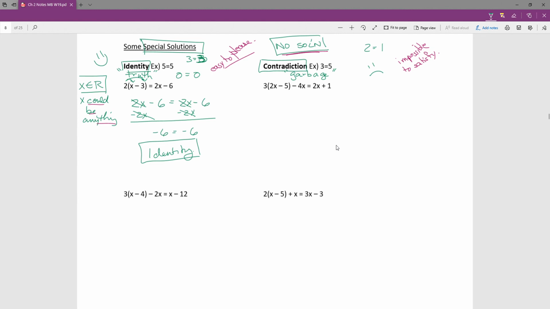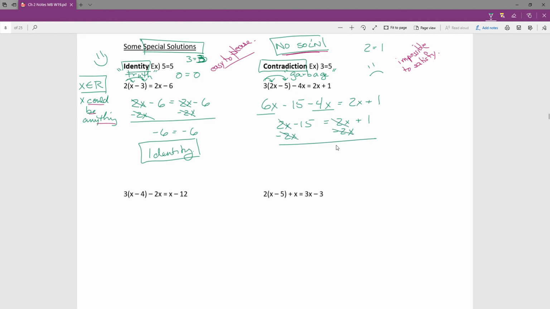Okay, so for the next one, we take a look at the contradiction example. I'm going to distribute this across. So I get 6x minus 15 minus 4x equaling 2x plus 1. Gathering up my like terms, I get 2x minus 15 equaling 2x plus 1. You might notice that there's something funky going on here. I'm going to pick on my x terms first and subtract 2x to bring it over to the left.